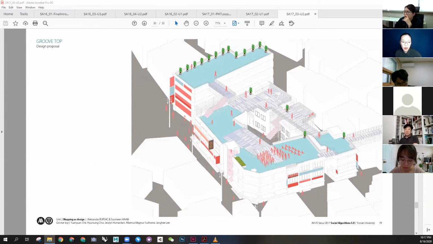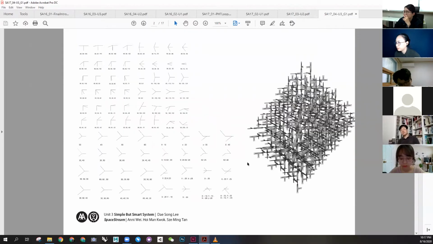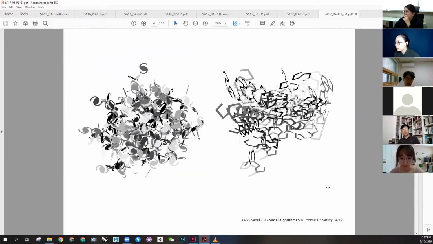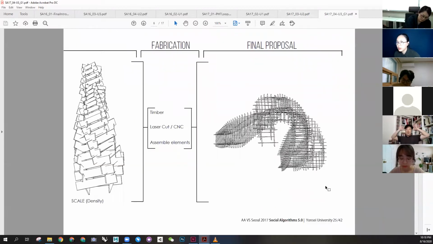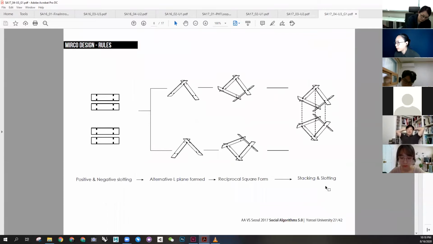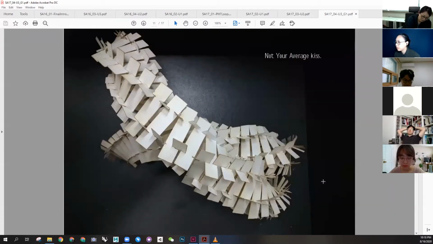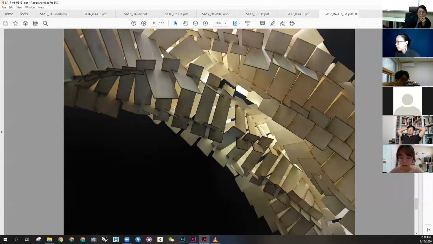And this year, Unit 3 was explicitly going three-dimensional and structural. It was quite interesting that they were investigating three-dimensional structure using a similar approach with component aggregation, and produced a series of 3D models, physical models, and a pavilion proposal.